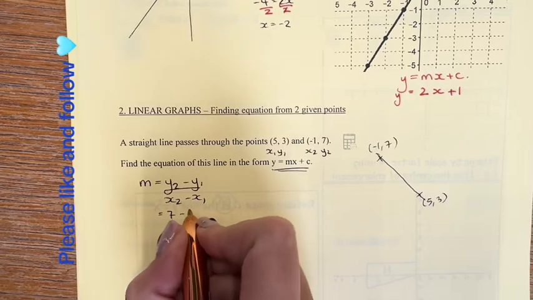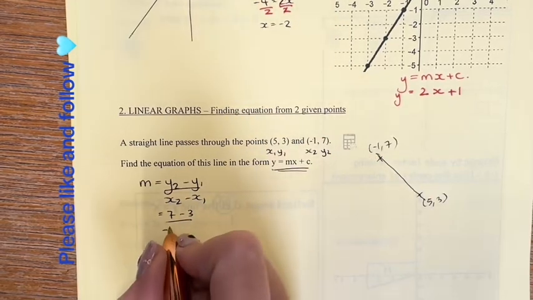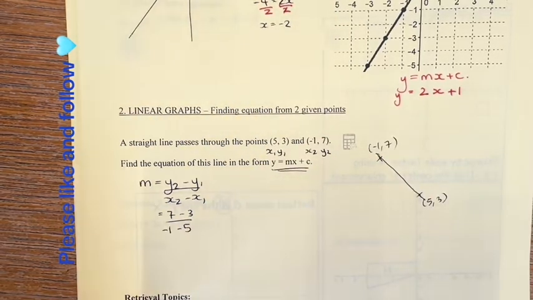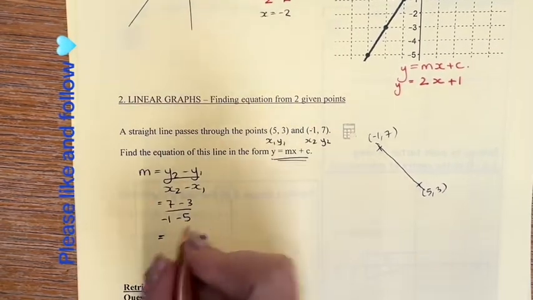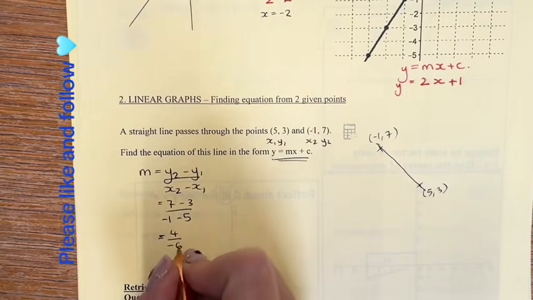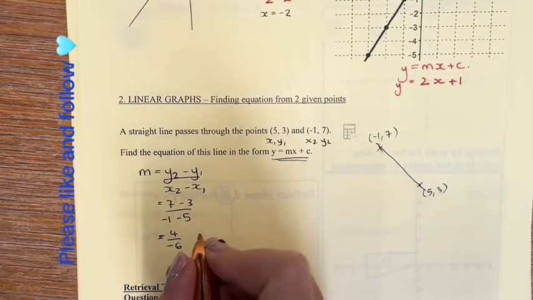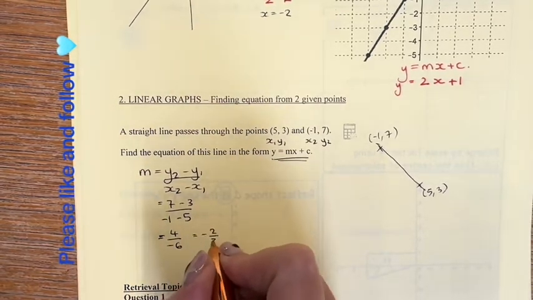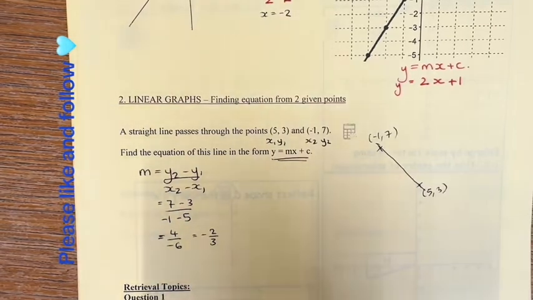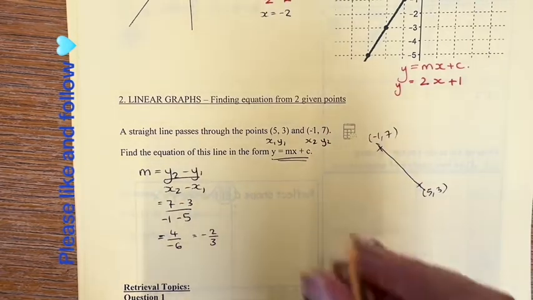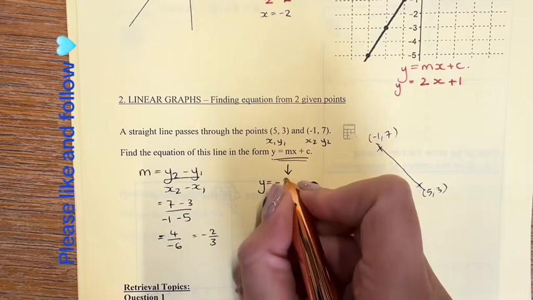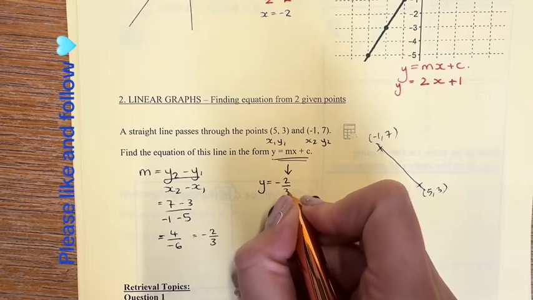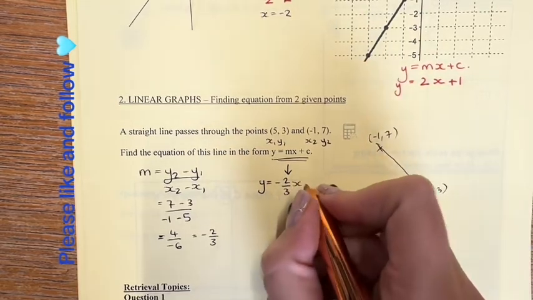So 7 minus 3 over minus 1 minus 5 will be 4 over minus 6, which we could simplify down to minus 2 over 3. And we're going to leave it as a fraction because it's going to be a recurring decimal otherwise. So when I've got that gradient, I substitute it into my equation of my line. So y is minus 2/3 of x plus c.